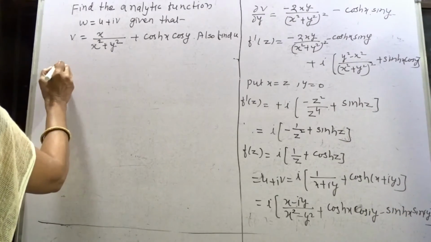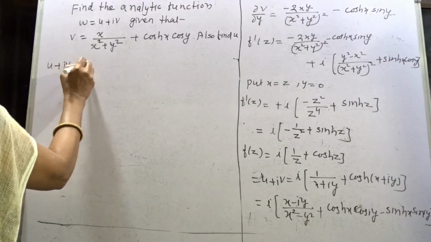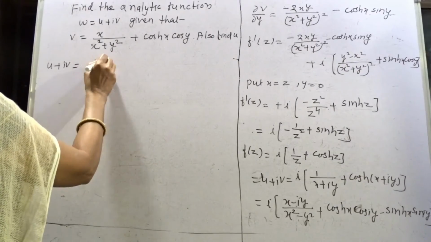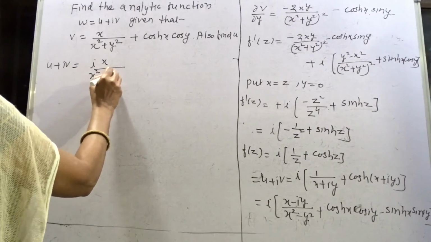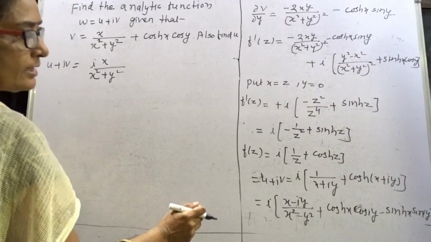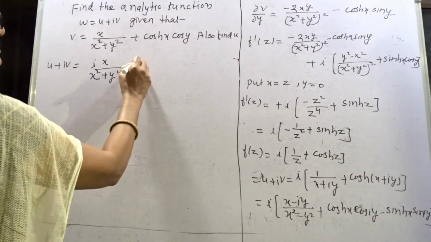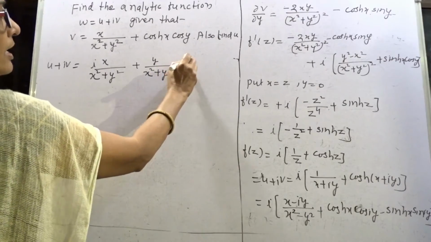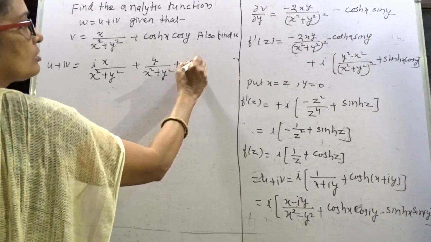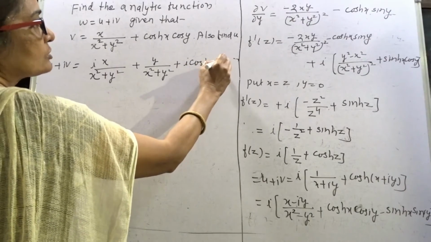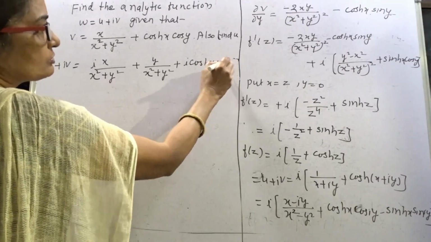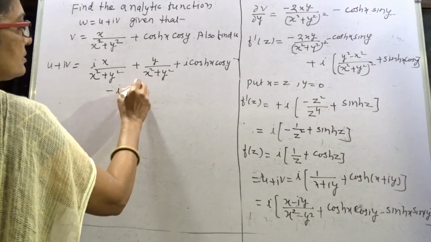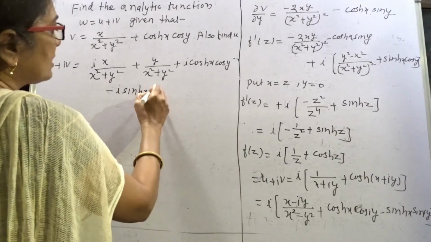Now u plus iv, we have to separate the real and imaginary terms. It is equal to i x upon x square plus y square, and if we multiply i with i, i square is minus 1, so plus y upon x square plus y square, then plus i cos hx into cos iy, which is cos y, and minus i sin hx into sin iy, which is i sin y.